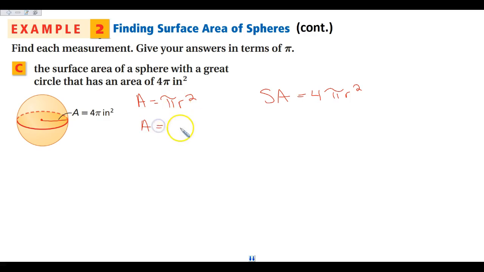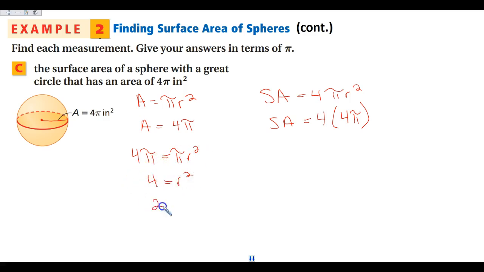So since pi r squared is equal to 4 pi, doesn't it make sense that I can take that 4 pi and plug it in here for pi r squared? Okay, this is pi r squared from over here. If it doesn't make sense, then you would do 4 pi is equal to pi r squared. Divide both sides by pi to get 4 equals r squared.